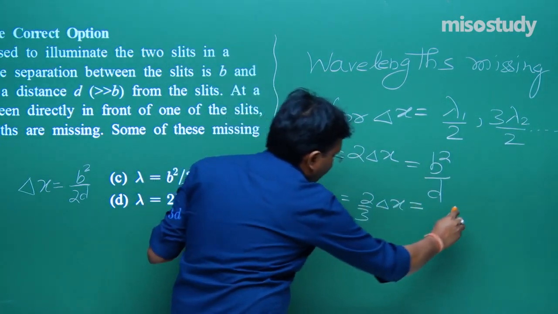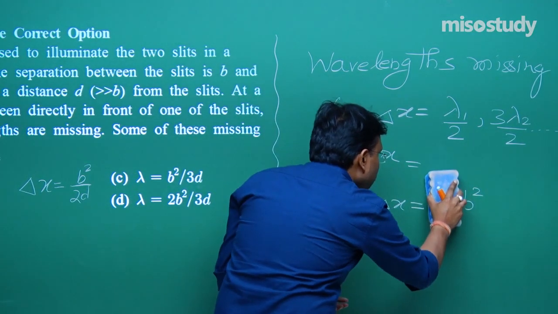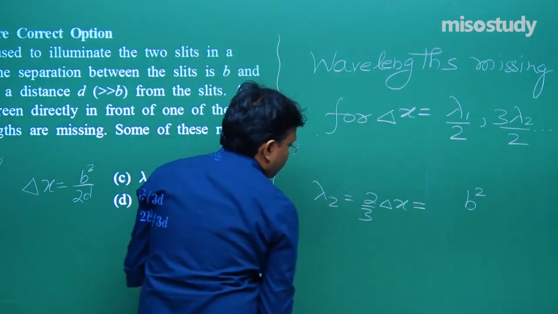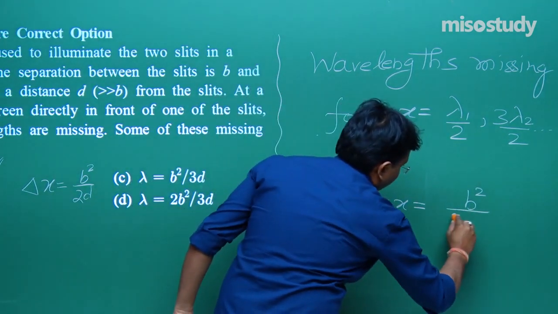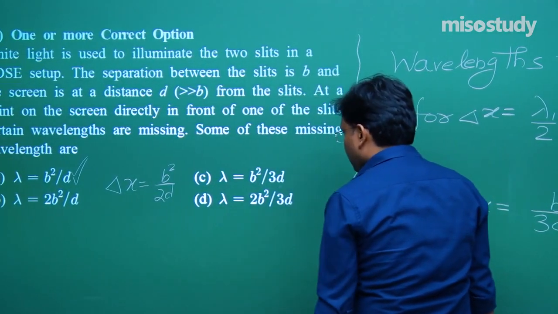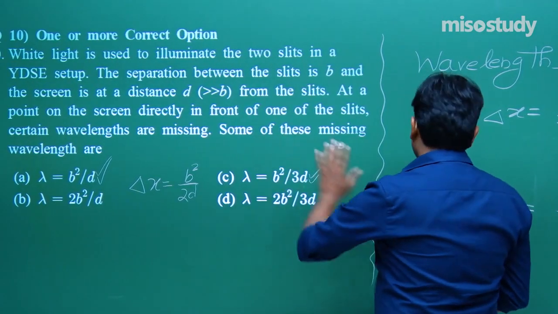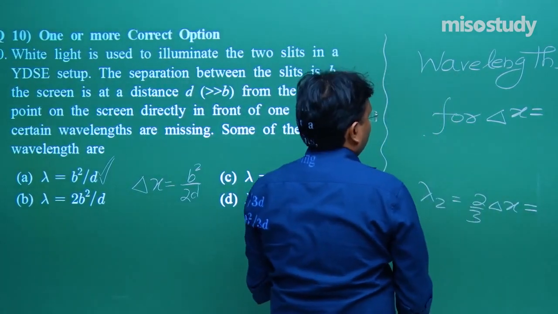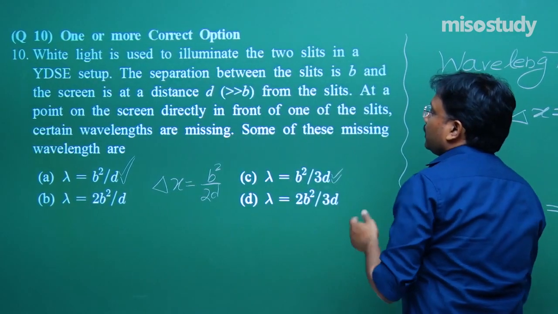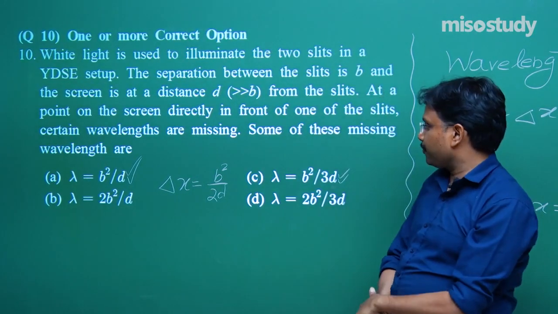It will give you b square upon 3d. C is correct. So, A is correct and C is correct. So, these two options are correct. That is why I placed this question in the category of one or more than one correct options.